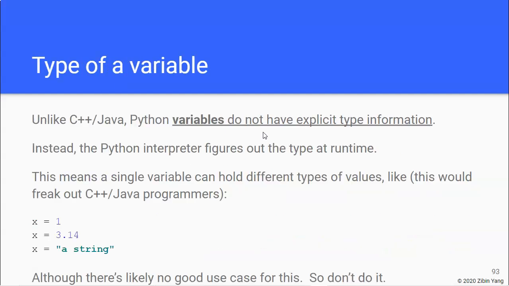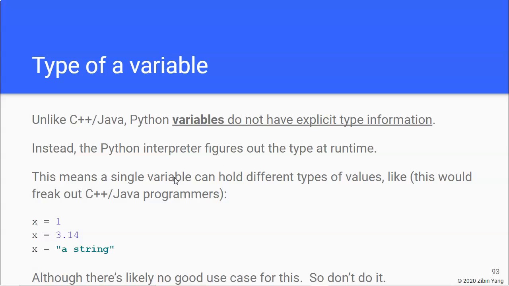Python variables actually do not have explicit type information, unlike languages such as C++ or Java, if you know them. Instead, the Python interpreter figures out the type of a variable when it executes our code.